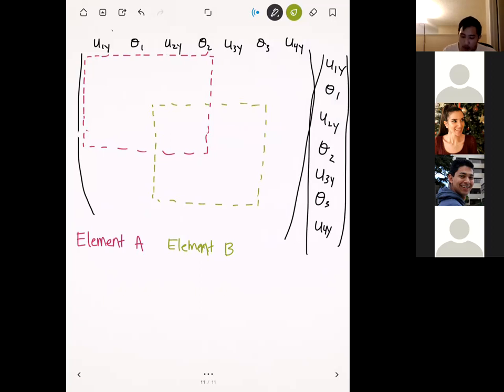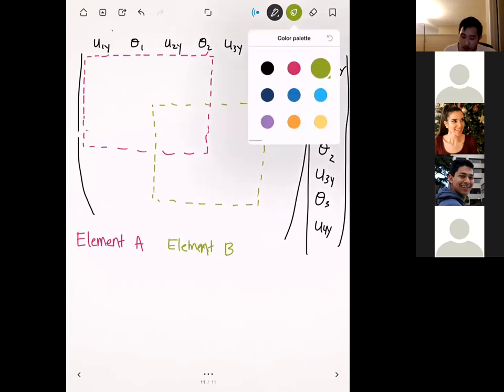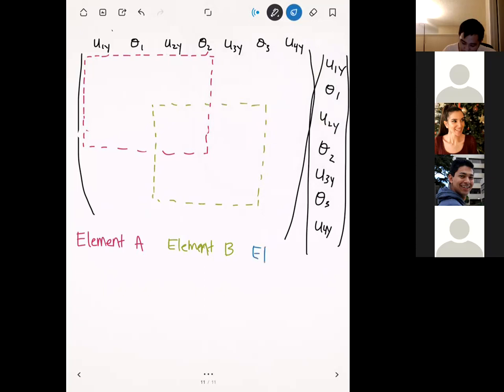And then finally we have element C, which is our spring, right? And so our spring acts on nodes 2 and 3, but remember, the spring is not going to interact with the rotation at all, okay? And so it's only going to be acting on the U3 box, okay? So that's going to be right here. Okay.